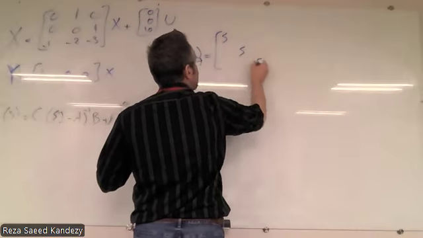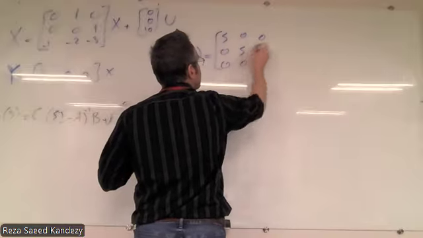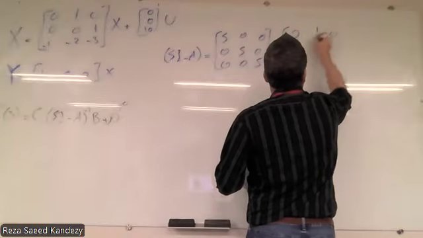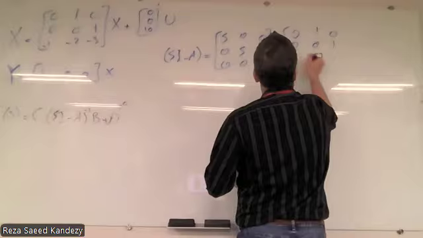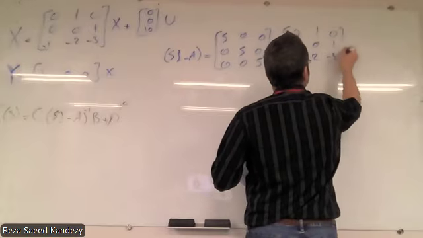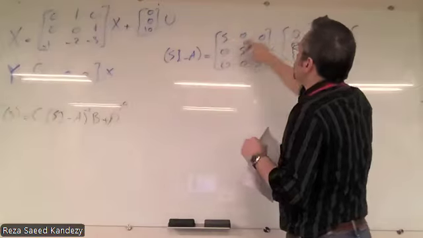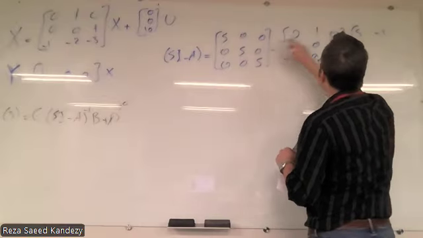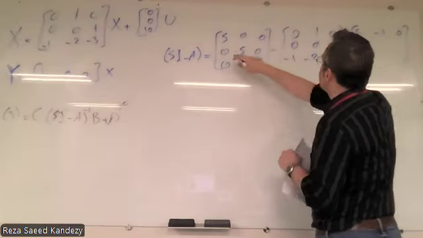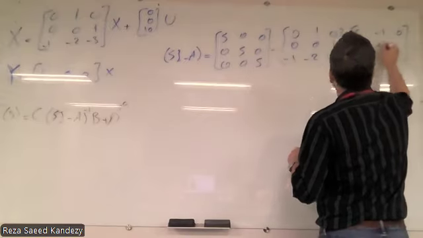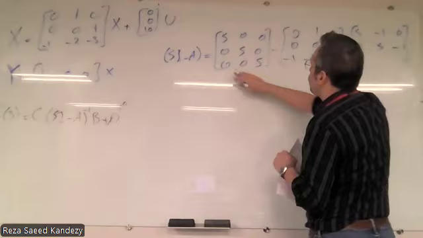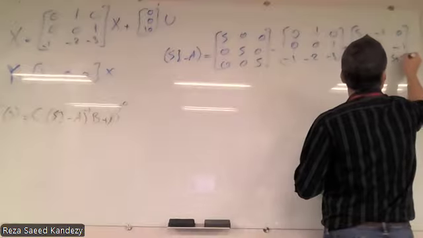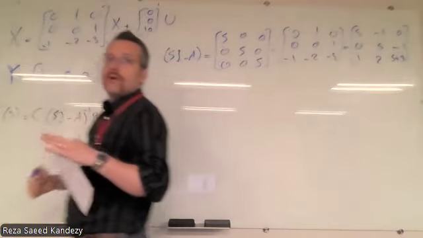So it's s, 0, 0, 0, s, 0, 0, 0, s, minus my A, which is 0, 1, 0, 0, 0, 1, minus 1, minus 2, minus 3, which is very easy to do. s minus 0 is s, 0 minus 1 is minus 1, 0 minus 0 is 0, this is 0, this is s, this is minus 1, this is going to be 1, this is going to be 2, and this is going to be s plus 3. Are we good so far?